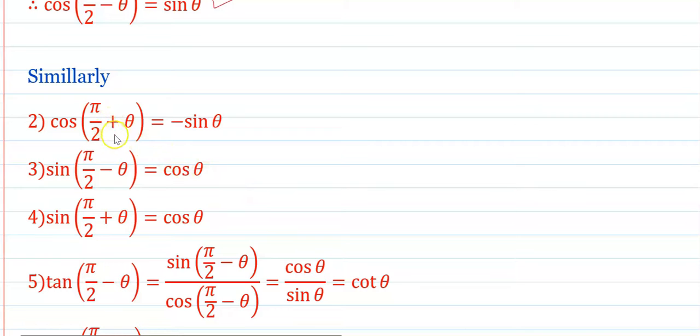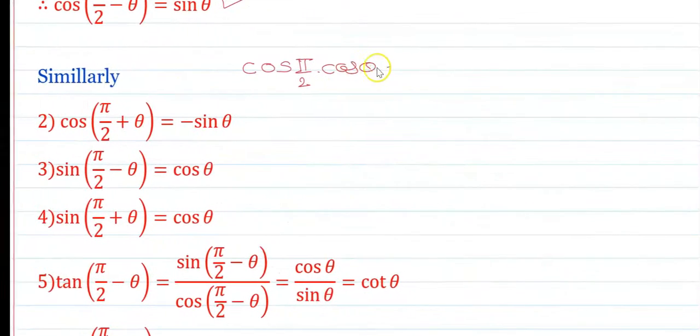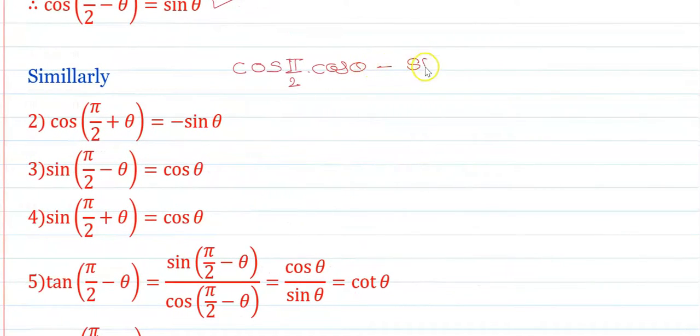Next, cos of pi by 2 plus theta, we can write this also, according to cos of A plus B. Cos of A plus B means cos A into cos B minus sin A into sin B. Cos of pi by 2 into cos theta minus sin of pi by 2 into sin of theta.